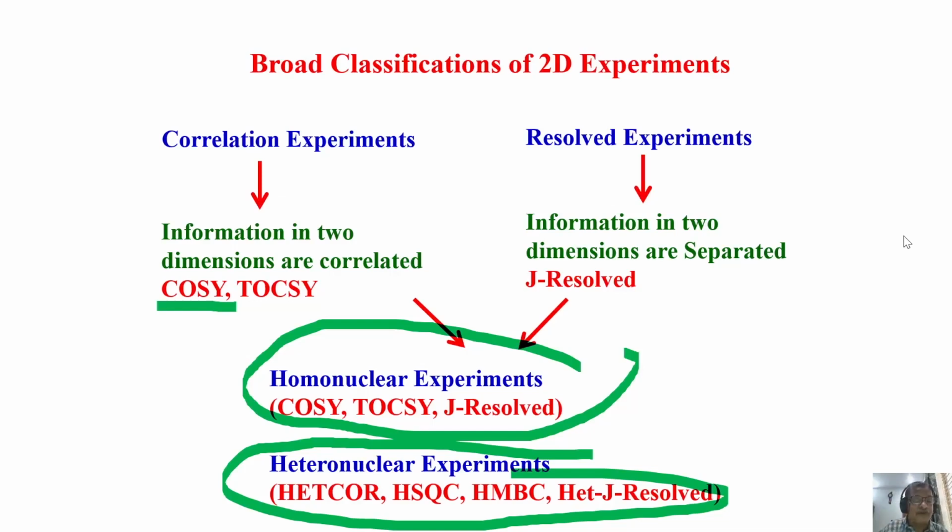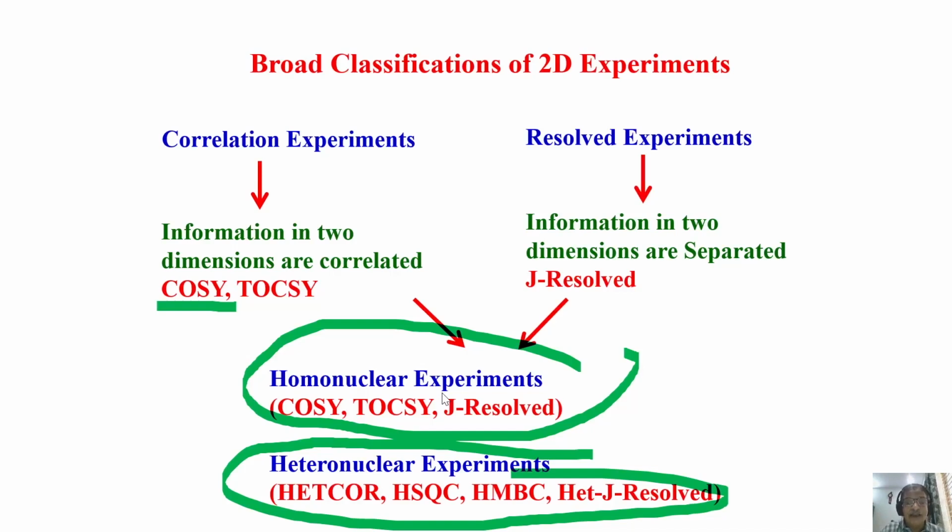We can monitor what is happening to the magnetization and to the spins. This is what designing of the pulse sequences and designing of these experiments is all about. This is what is called manipulation of spin dynamics. We can do that to get the different experiments. Let us not go into the spin physics of each of these pulse sequences.